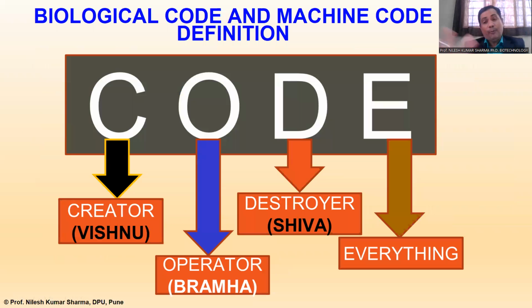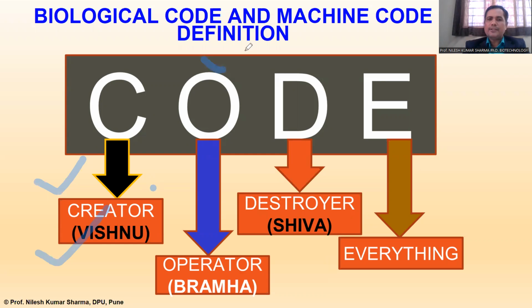So my dear friend, here is the definition. What I propose for both biological and machine systems, controlling the whole universe, the earth, Mars or any other planet, is this. C stands for creator. In any religion, in any mythology, in any context, C can be creator; in Hindu mythology, Lord Vishnu.